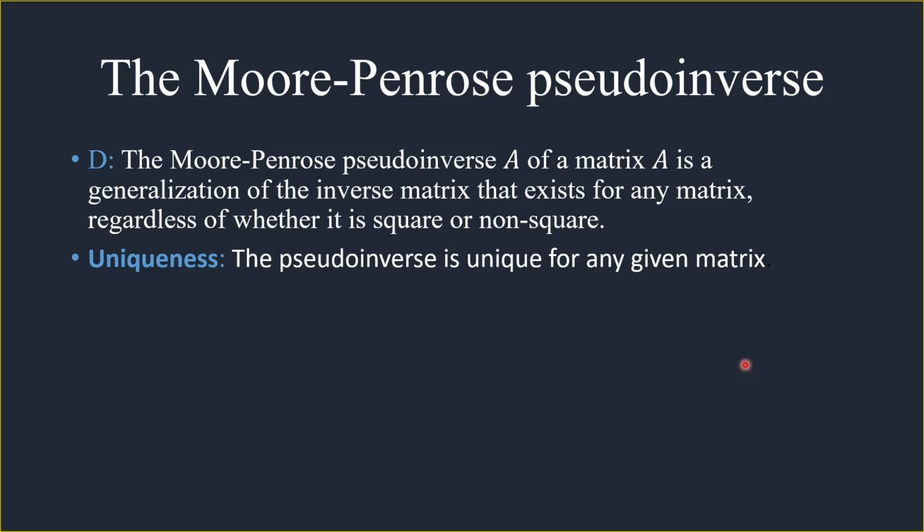The Moore-Penrose pseudo-inverse of a matrix A is a generalization of the inverse matrix that exists for any matrix, regardless of whether it is square or non-square. And how can we write it down? We can write it like A plus equals V D plus U transpose.